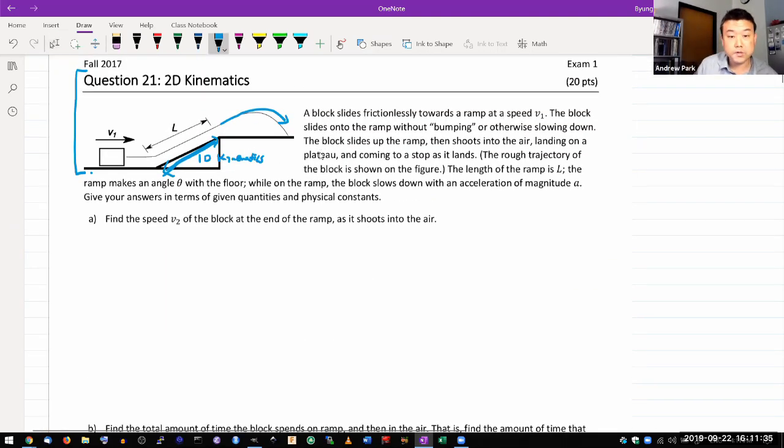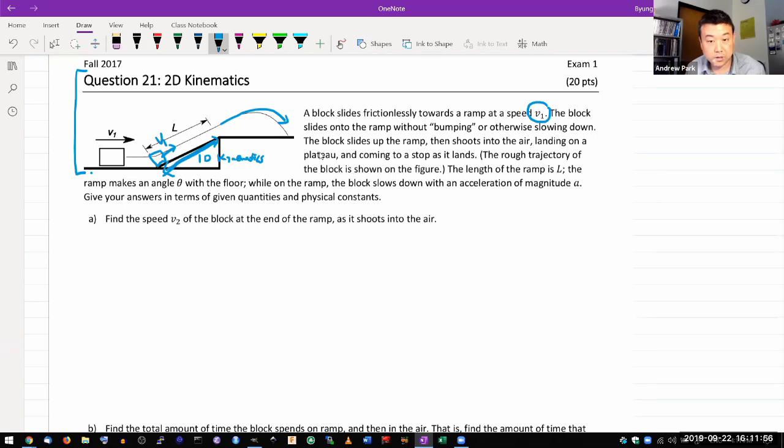So the question says a block slides frictionlessly towards a ramp at a speed v1. So that'll be the initial speed. The block slides onto the ramp without bumping or otherwise slowing down. So when it's on the ramp, moving up, at the very bottom, it's at a speed of v1.